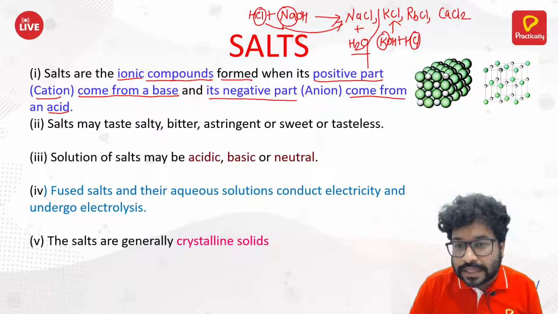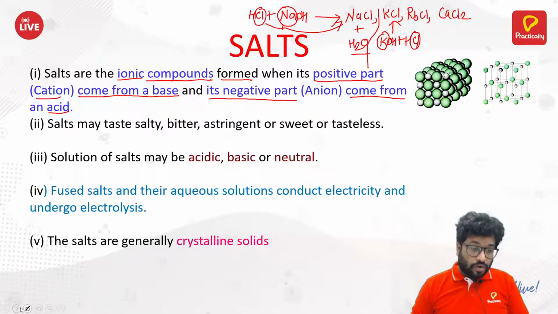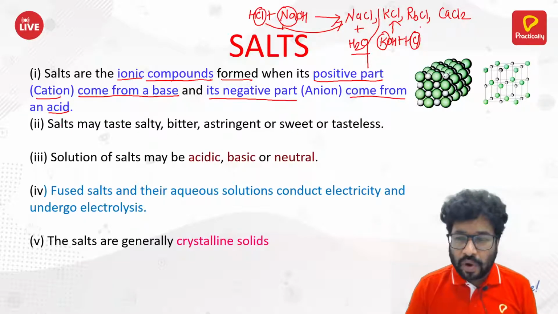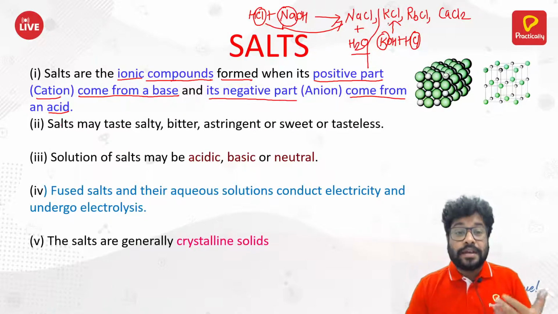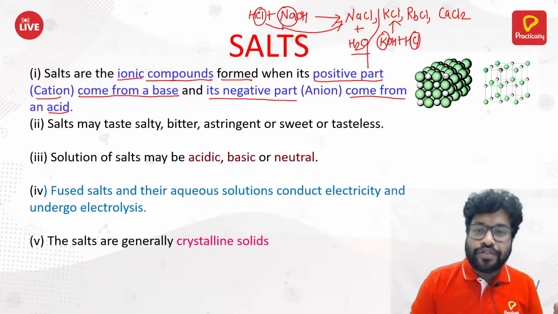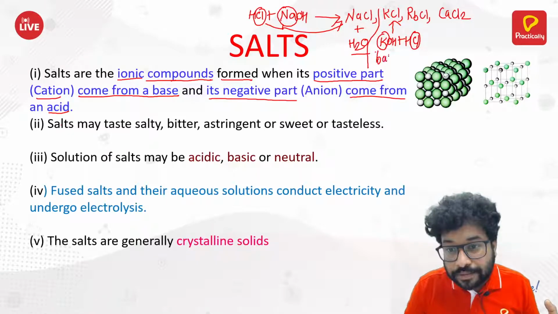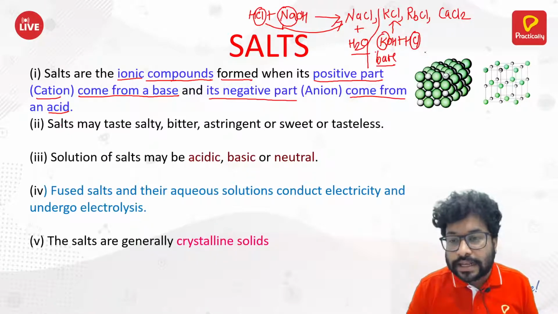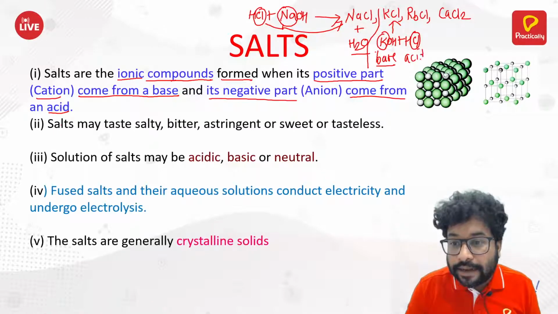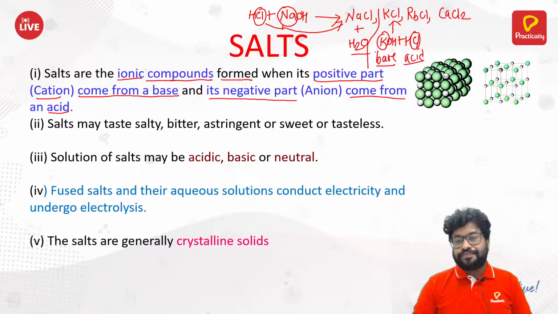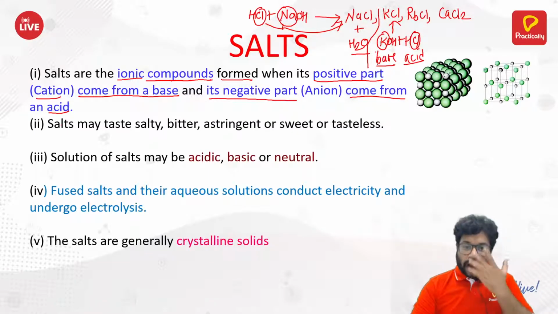That's how you form KCl, and the remaining OH and H together form water. That always happens in neutralization, as we all know. So again, the positive part, the cation K plus, came from the base, and HCl is an acid. The acid gave an anion and the base gave a cation. That is how salts are formed.